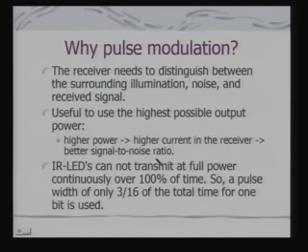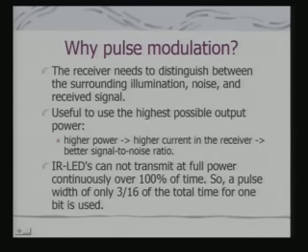But IR LEDs cannot transmit at full power continuously over 100% of time. So a pulse width of only 3/16 of the total time for one bit is used. What it implies is that you can deliver higher peak power, and you do not operate at high average power, because that is what your diode cannot really handle.